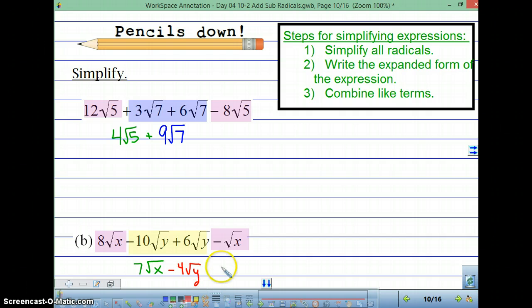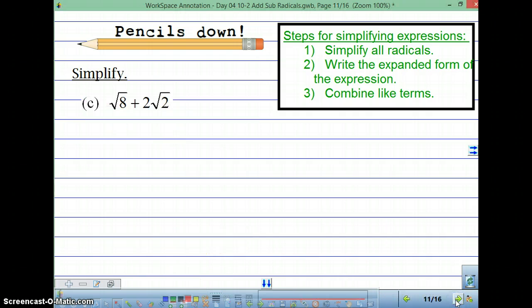Okay? Simplify. Can we simplify this? Are they like terms? No. But watch this trick. I notice that this is not a prime. And it's not a perfect square either. This can be simplified. We have to at least check. I can rewrite root 8 as root 2 times 2 times 2.